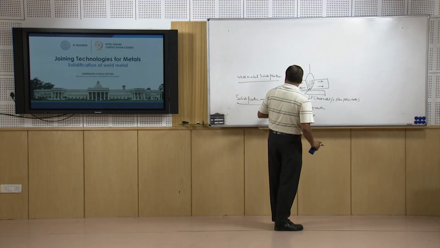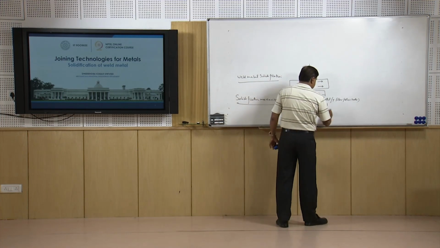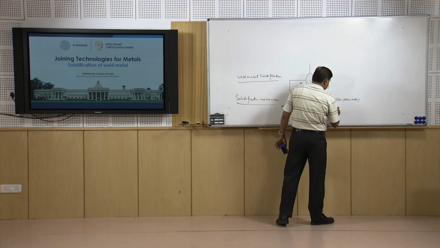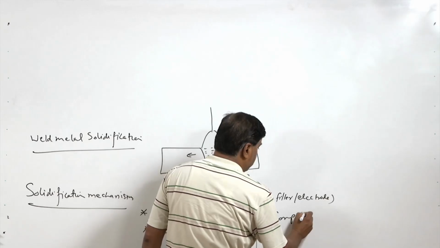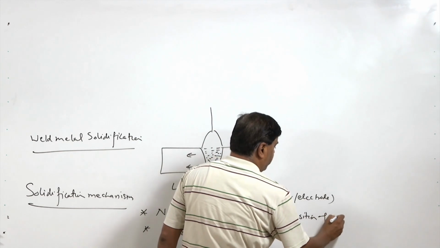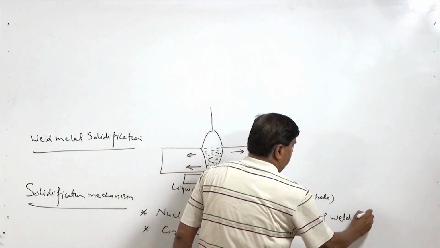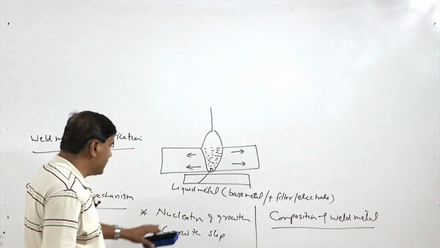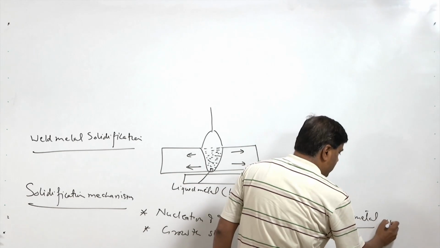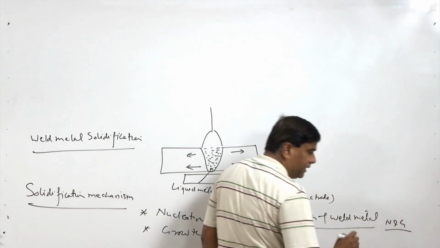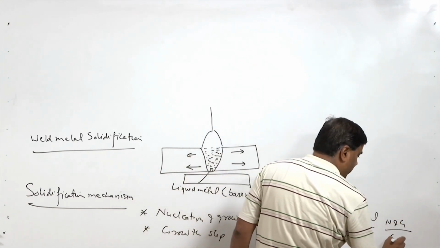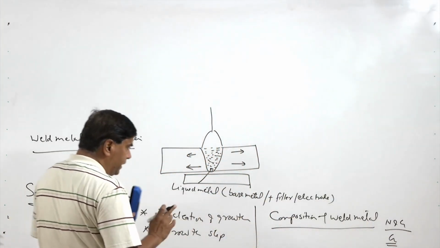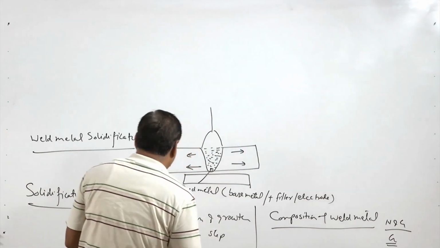Under what conditions are these two kinds of mechanisms observed? It depends primarily on the composition of the weld metal. So, whether there will be a nucleation and growth mechanism for the solidification, or just the growth mechanism for the completion of the solidification of the weld metal, depends upon the composition of the weld metal.